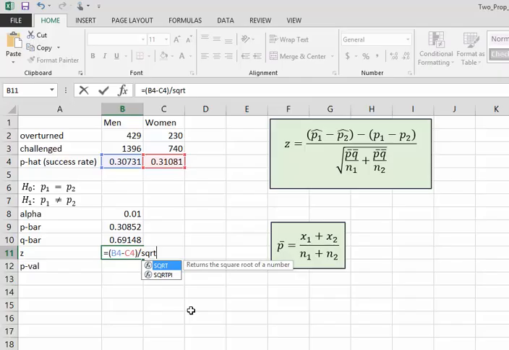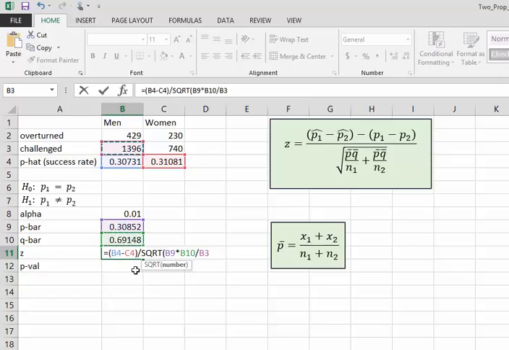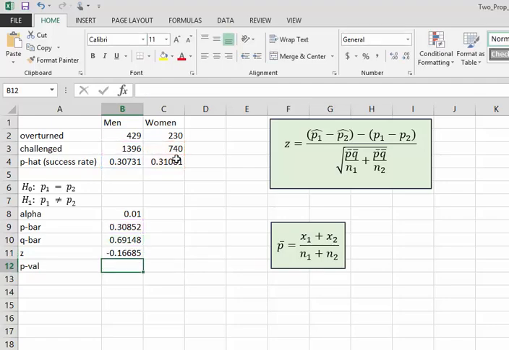So divided by the square root of the pooled sample times its complement divided by n1, so p bar times q bar divided by n1, right? Plus the pooled sample times its complement divided by n2, so p bar times q bar divided by n2. Square root of that whole thing, and that's my test statistic.